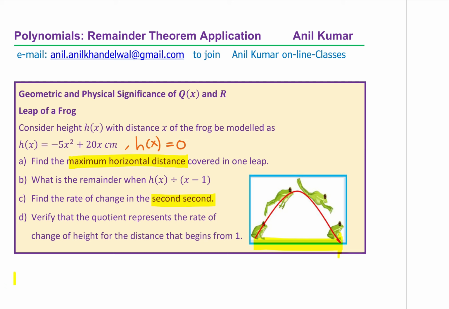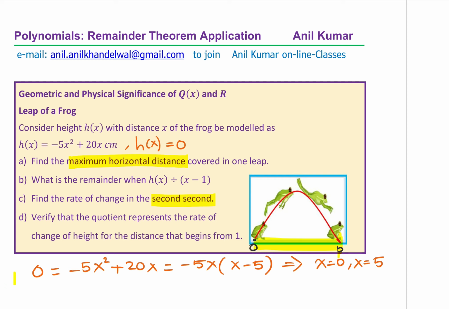So when you substitute h of x as 0, you get 0 equals minus 5x squared plus 20x, which, taking minus 5x common, is x minus 5. And clearly, that gives you 2 points which are at x equals 0 and x equals 5, right?